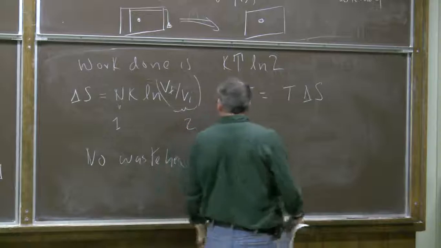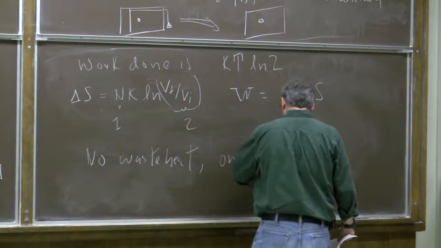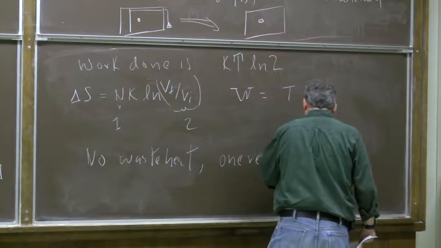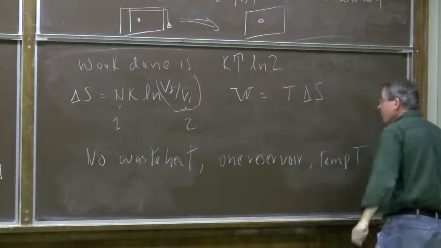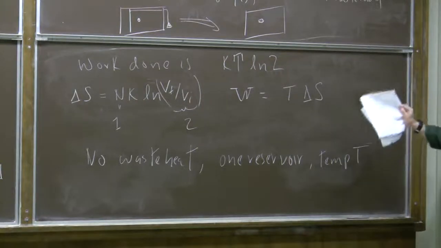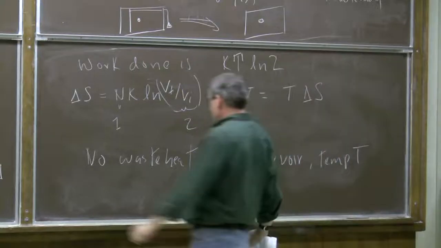We only had one temperature, one reservoir, temperature tau. We were able to steal kT log 2 of energy from the reservoir and do useful work with it.